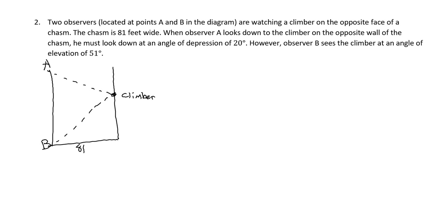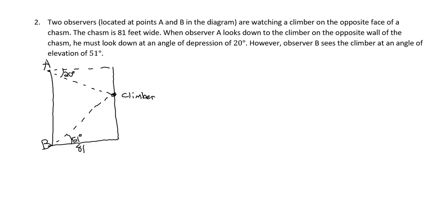Remember, he's looking down at an angle of depression of 20 degrees. So that angle is going to be here. Observer B sees the climber at an angle of elevation of 51 degrees. Then there is no question. Sorry, guys.